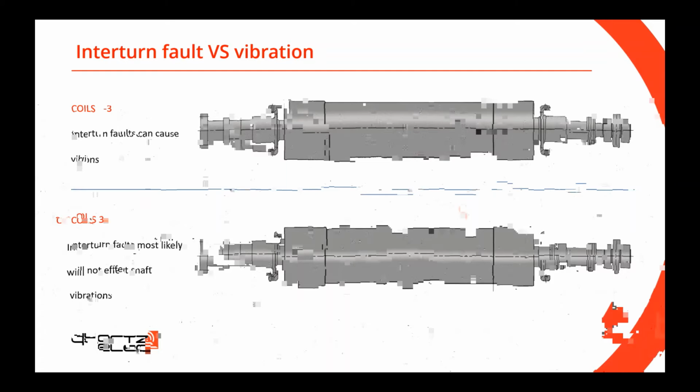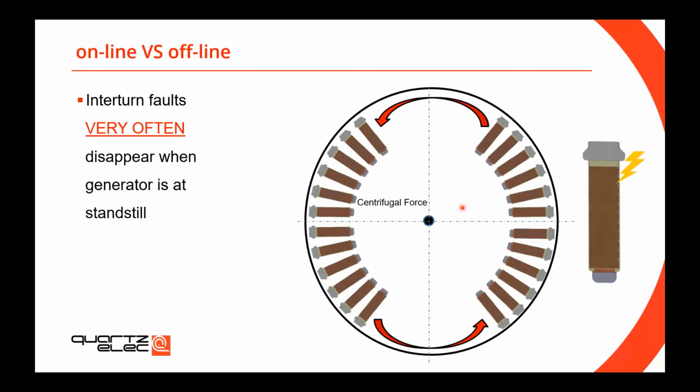Now, online methods to detect interturn faults. Why do we want to talk about online methods rather than offline methods? Let me read that sentence for you. Interturn faults very often disappear when the generator sits standstill. What do I mean by that? Well, think about it.